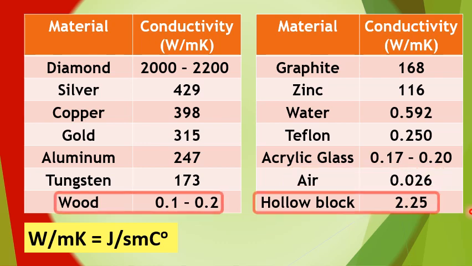And if you look at the k values of wood as well as hollow blocks, you'll see that the k values of wood are relatively much lower compared to hollow blocks. So, can you guess why people in rural areas prefer wood over hollow blocks as materials for their shelters or houses?